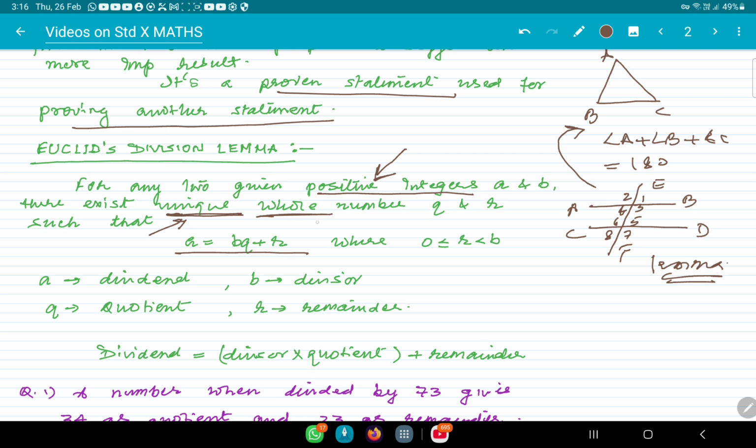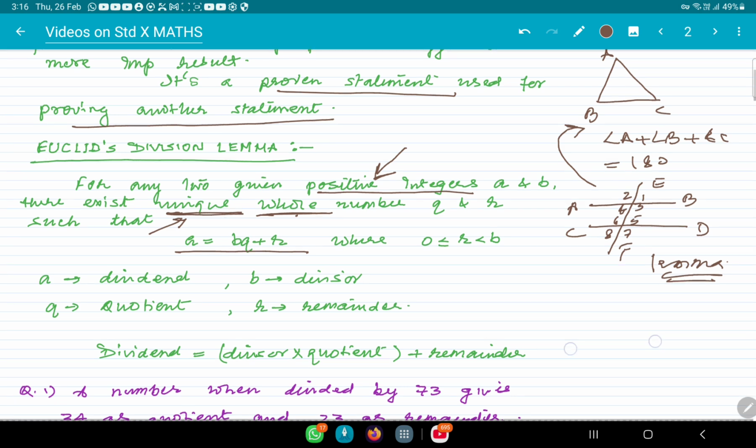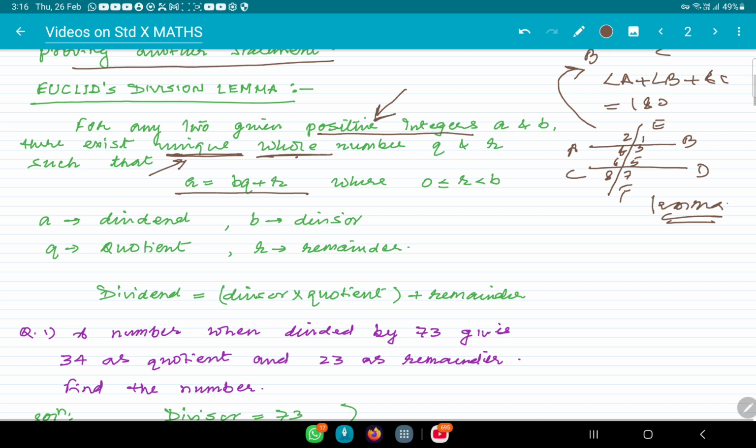In class 9th you have already seen different types of numbers, so here you have to mention unique whole numbers. So for any two given positive integers small a and small b, there exist unique whole numbers q and r such that a is equal to bq plus r, where the condition is r is greater than or equal to 0 and less than b.